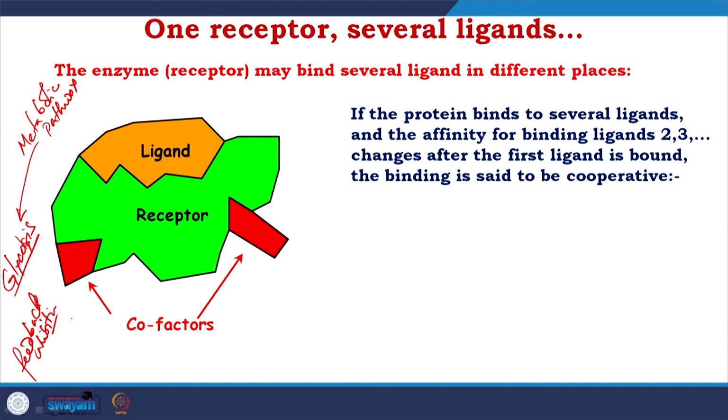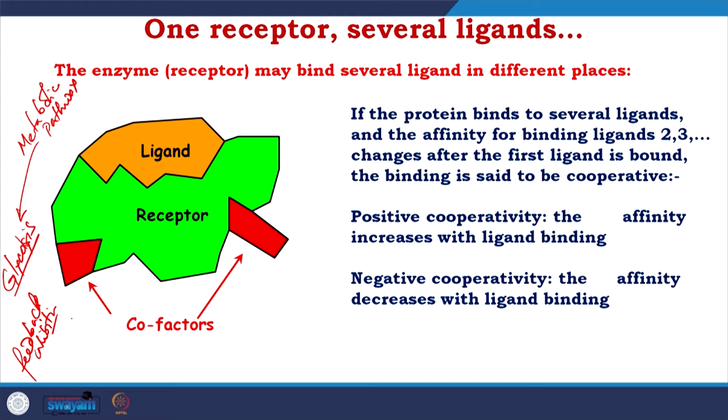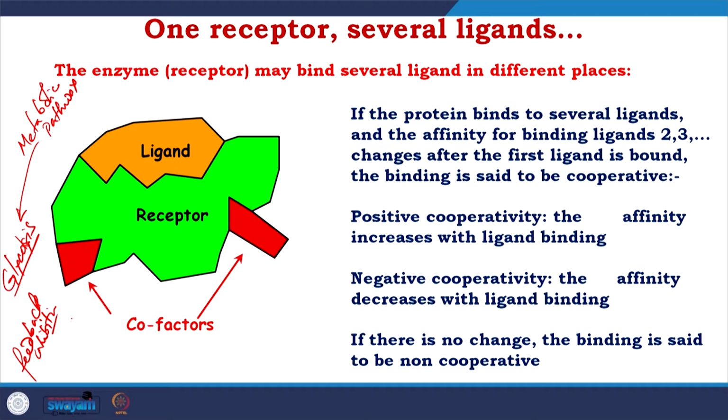So, the cooperative interaction might be good, like we see in the case of hemoglobin. As the monomer binds, then comes the dimer, more oligomerization, it is speeding up. So, it is positive, but in feedback inhibition it is negative. So, positive cooperativity, the affinity increases with ligand binding, negative cooperativity, the affinity decreases with ligand binding, and if there is no change, the binding is said to be non-cooperative.